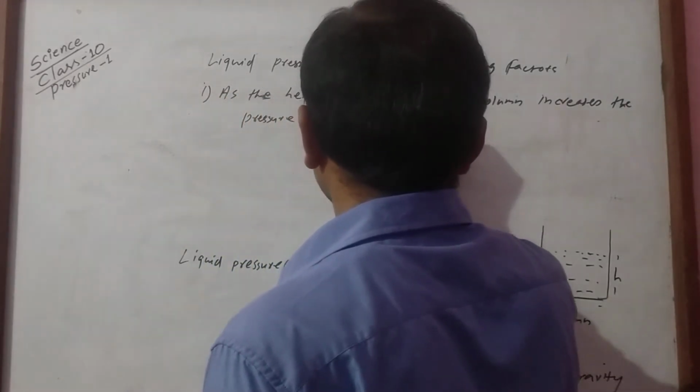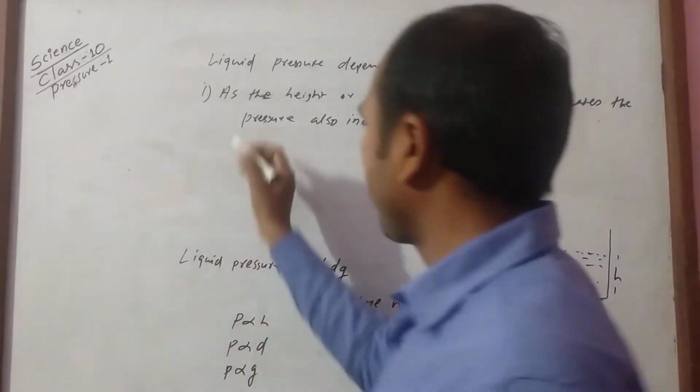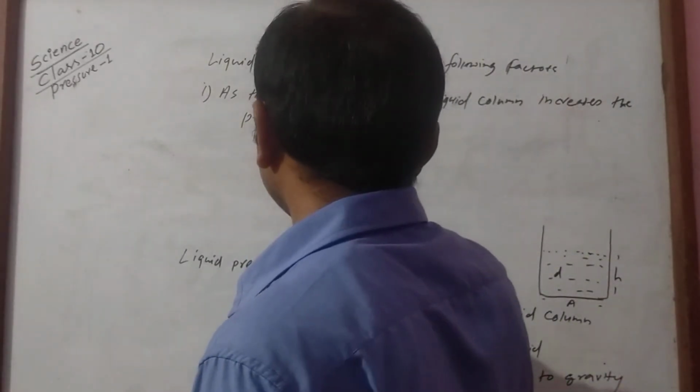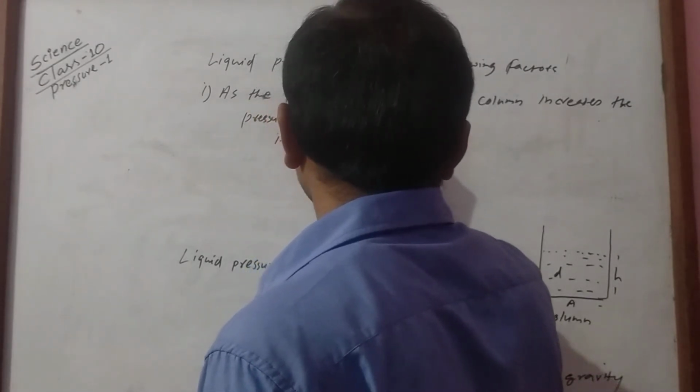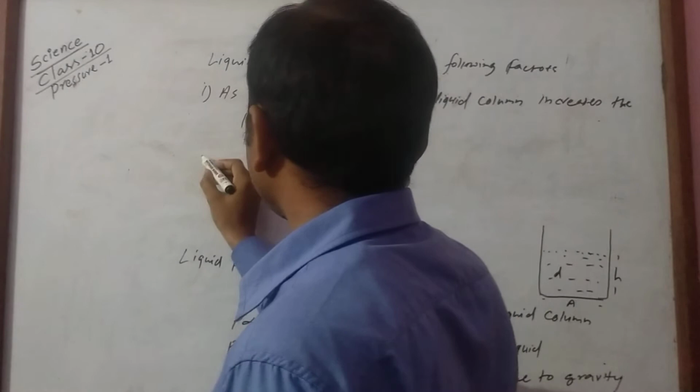It means liquid pressure increases with height. That is, P is directly proportional to h or d.